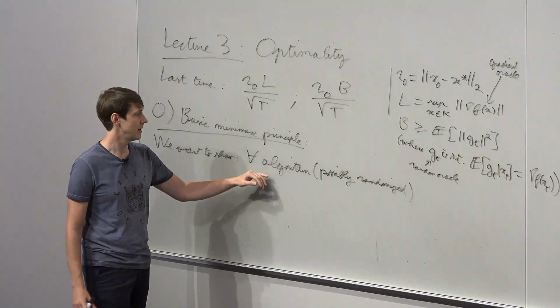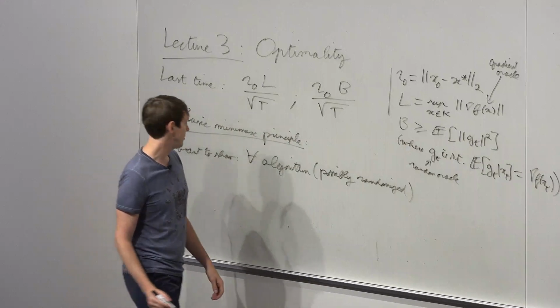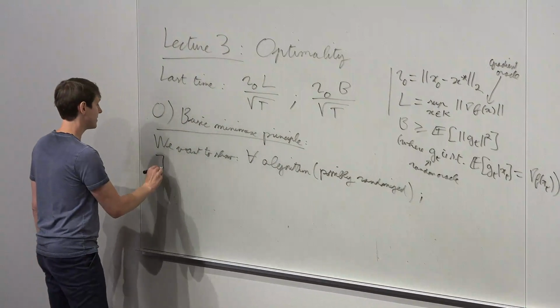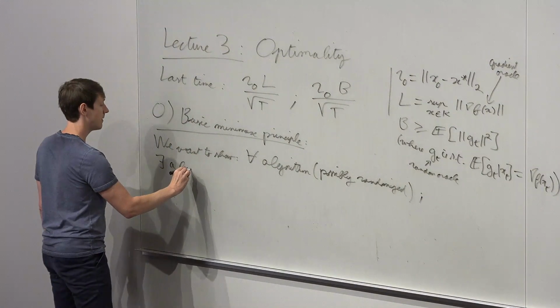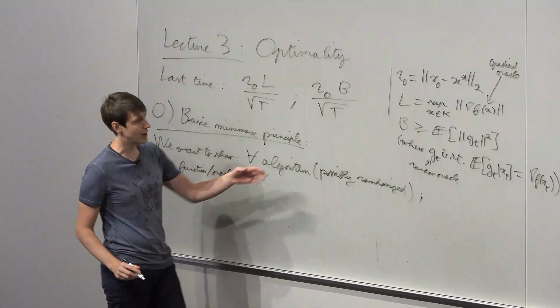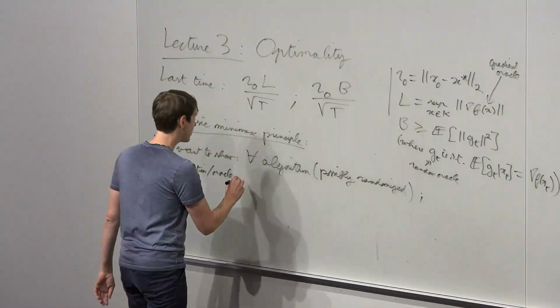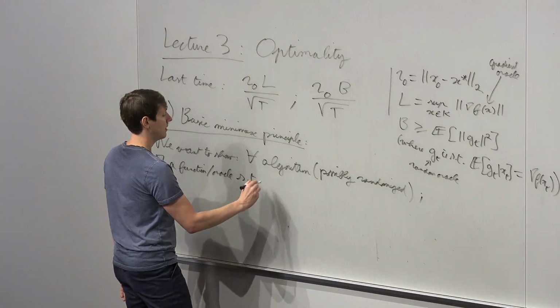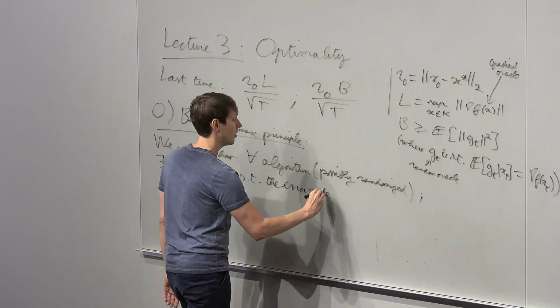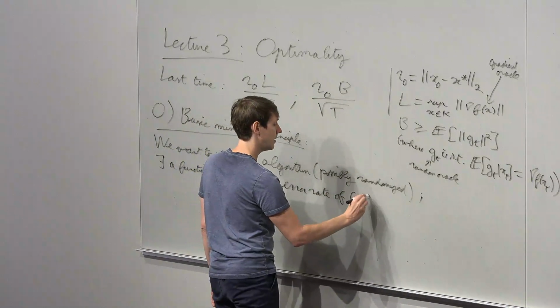So for any algorithm, possibly randomized, we want to show that there exists a function and an oracle, where the oracle could be a random oracle, such that the error rate of gradient descent is optimal.